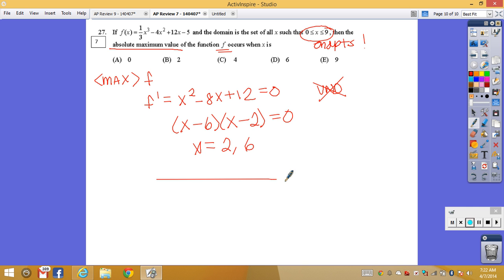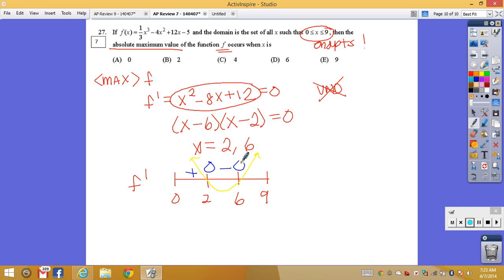I'm going to do the sign chart for f prime over the interval, oopsie, forgot there's endpoints, of 0 to 9, so 2, 6. This is a parabola facing upwards, so that would look like this with my 2 zeros. So my sign chart would be plus, minus, plus. Therefore, my maximums occur at 0.